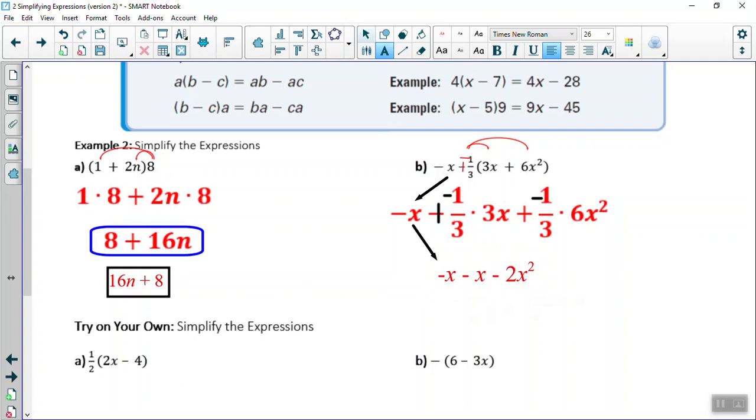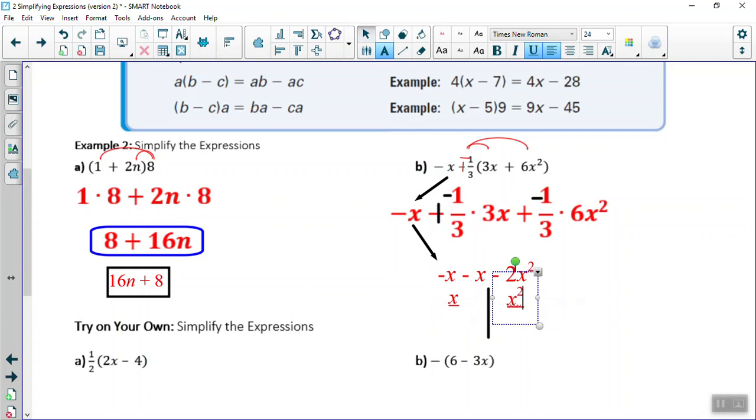All right, now we can combine our like terms. So we can do that process that I had done earlier, where we take these and we draw that line and we can show that split, if you like that. And then I can say, okay, now I've got my x, and then over here I've got my x squared.